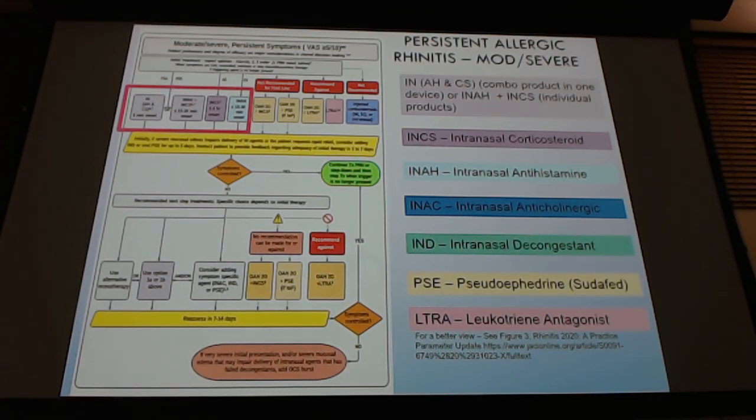The reason why we have that oral second gen with pseudoephedrine on these charts is because we can give those in a combo product, so that way your person is just taking one med. But then you lose that effectiveness of going directly to the site where I'm having my issue. So you can orally give them that pseudoephedrine and then give them their nasal spray, depending on how we classify them. Okay? So remember the names that are going along with what is in the box.